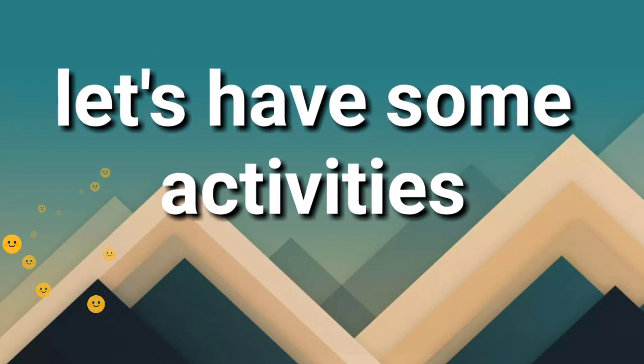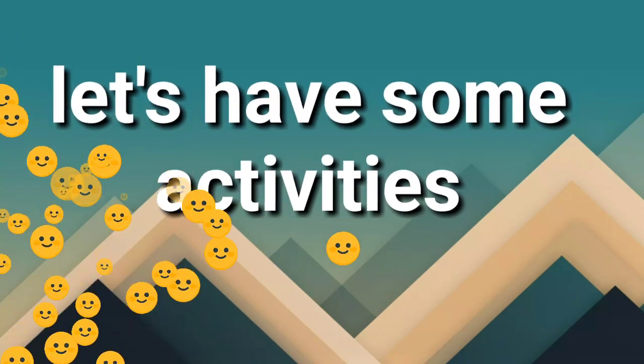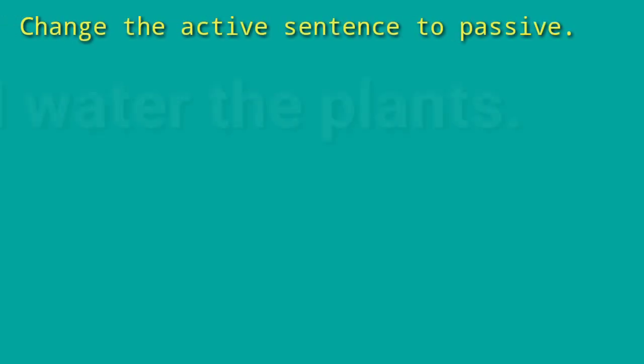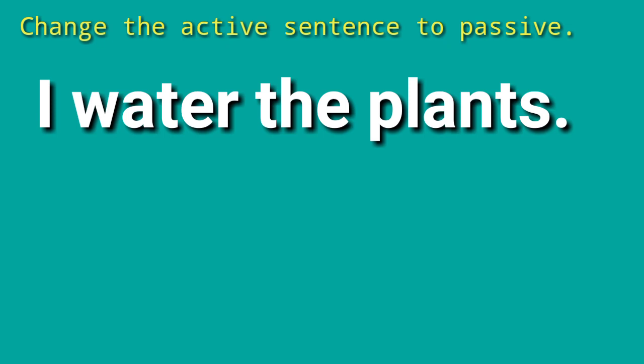Let's have some activities. Balikan natin yung mga pangungusap in the active voice and let's change it to passive voice. I water the plants. So, paano natin ito gawin into passive voice?